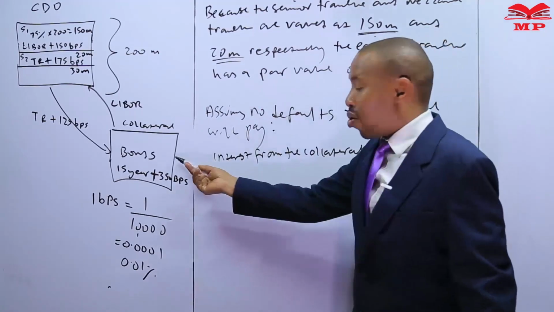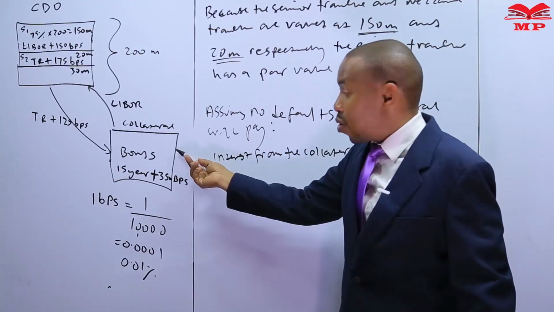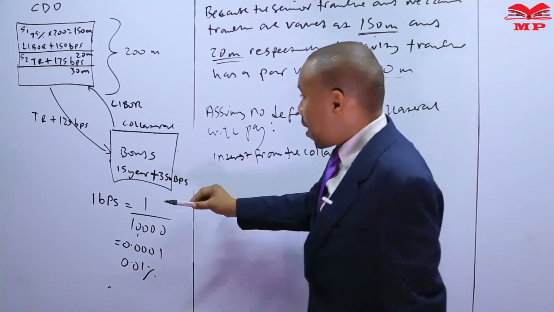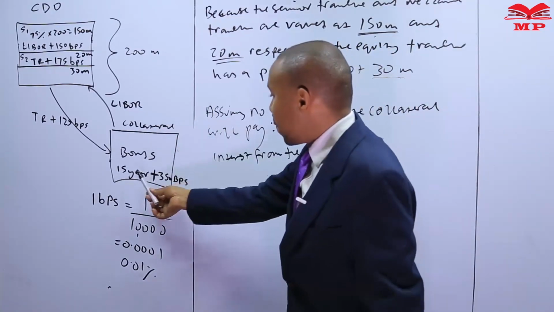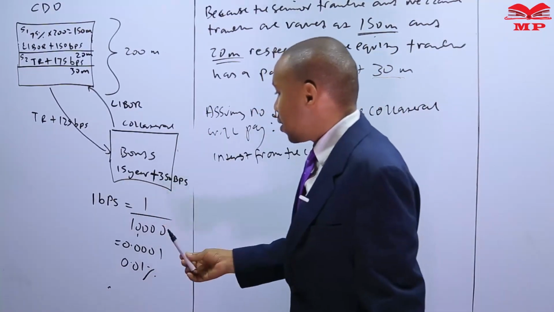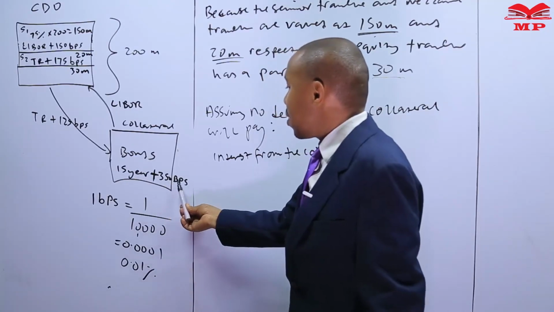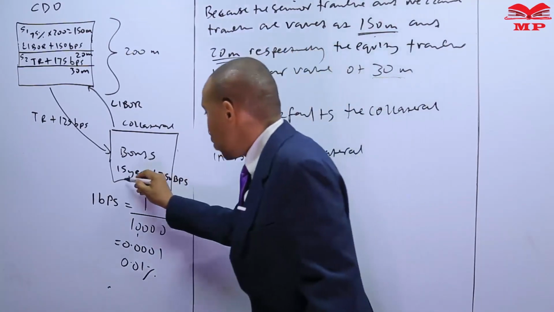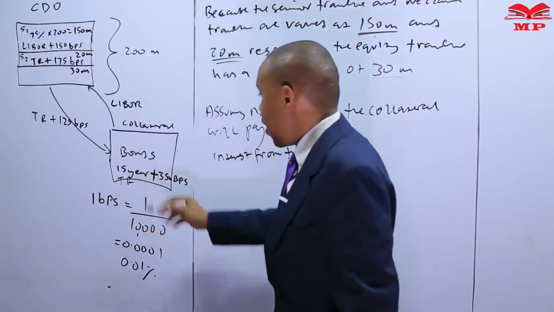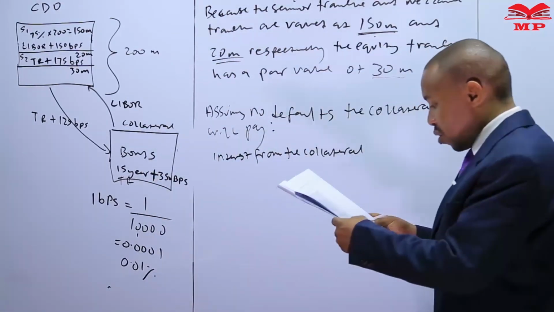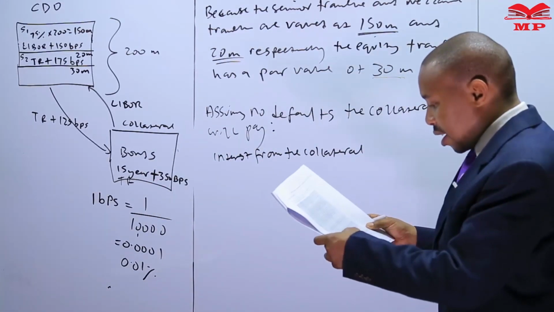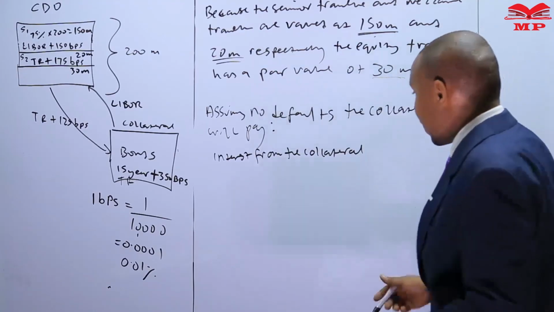You see, this is the collateral right over here. Please move on. Let's move together. We are saying the collateral is going to be the 15-year treasury rate plus 350 basis points. So I didn't include the treasury rate over there, but we have been given the treasury rate down over there. The treasury rate is 7.5%.